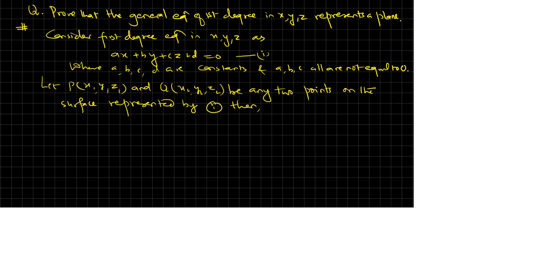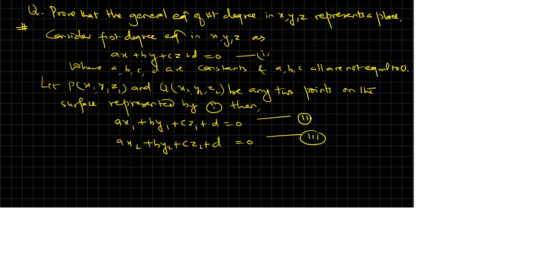Then it becomes ax1 plus by1 plus cz1 plus d equal to 0. This is equation number second. And ax2 plus by2 plus cz2 plus d equal to 0. This is equation number third.